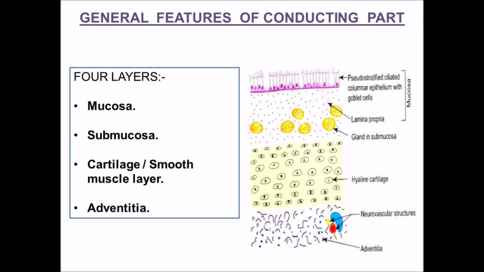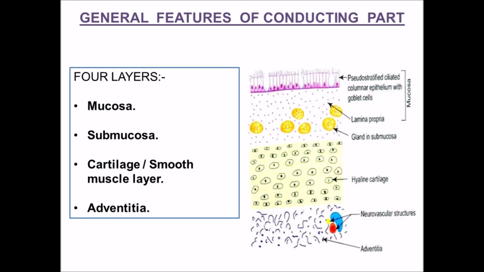The third layer is cartilage or smooth muscle layer. The third layer is cartilaginous plate. Now this cartilaginous plate is formed by the hyaline cartilage which forms the C-shaped rings in the trachea, and these C-shaped rings change into the cartilaginous plates as the bronchus divides into the next generations.